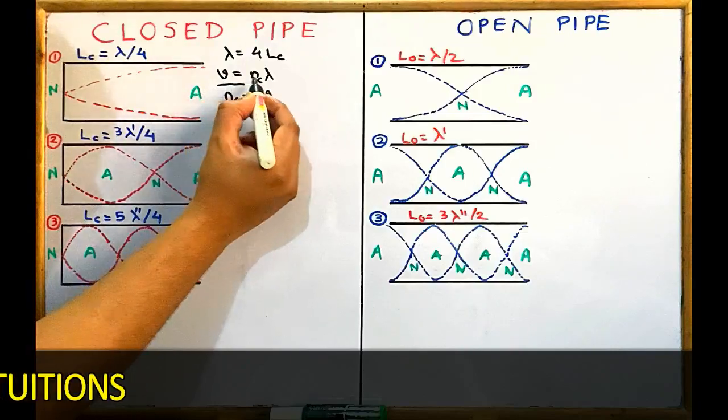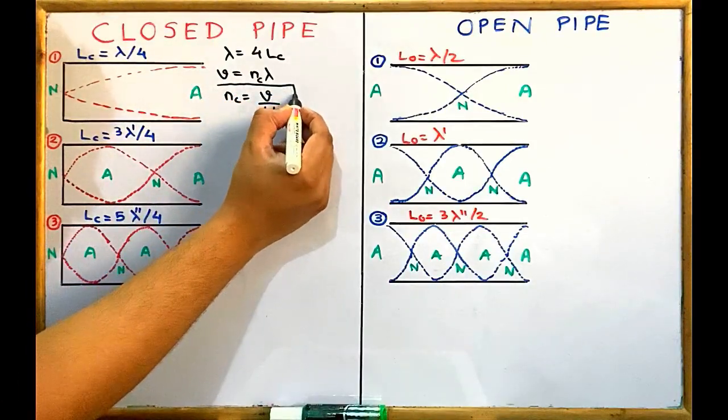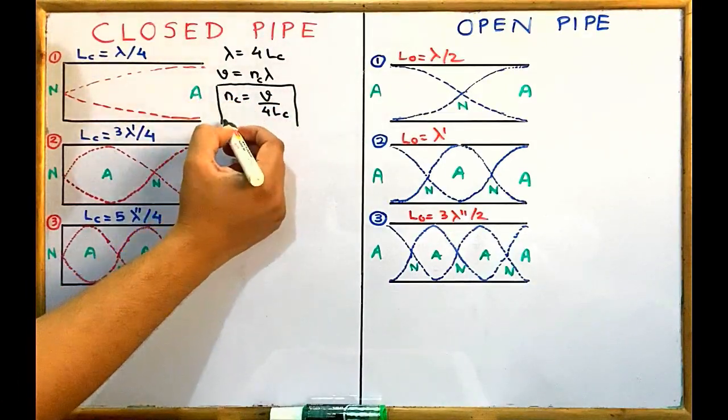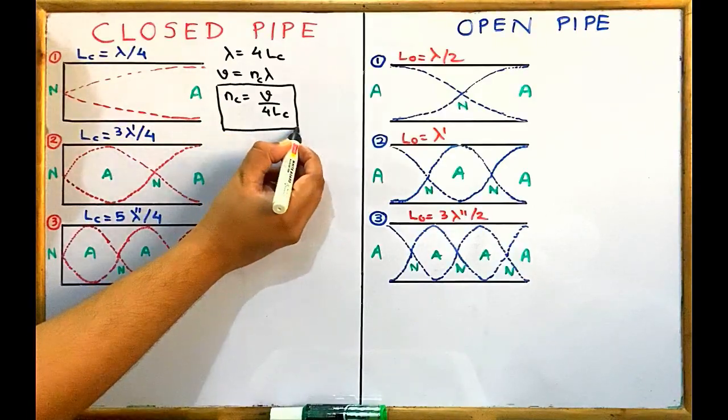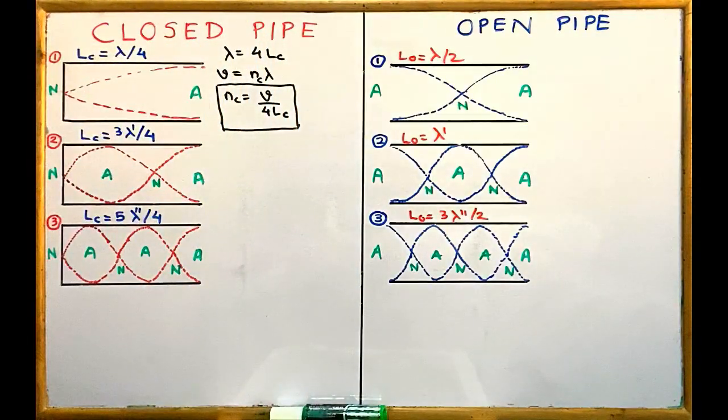And this gives me the formula for the fundamental frequency of vibration of my closed pipe, V by 4LC.